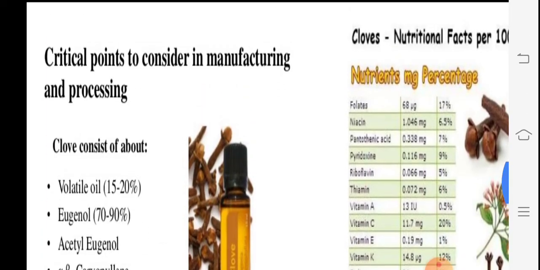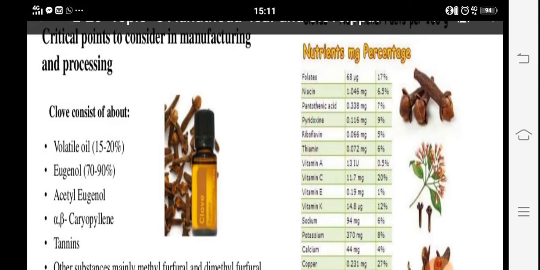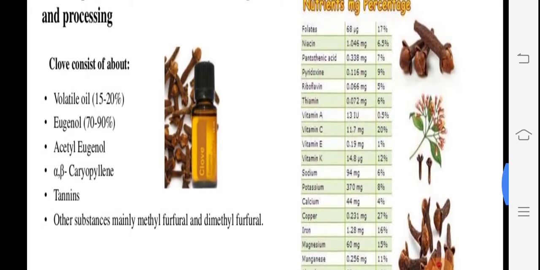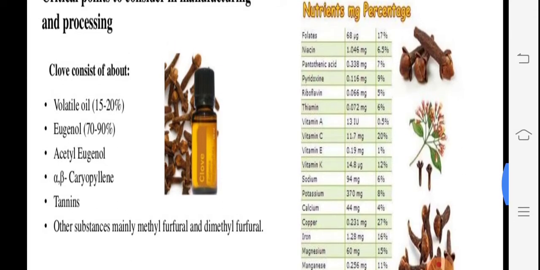Next, there are some highlighting characters at some critical points in the manufacturing. Volatile oil 15 to 20%, eugenol 70 to 90, acetyl eugenol, then alpha and beta caryophyllene, tannins, and other substances are reported.